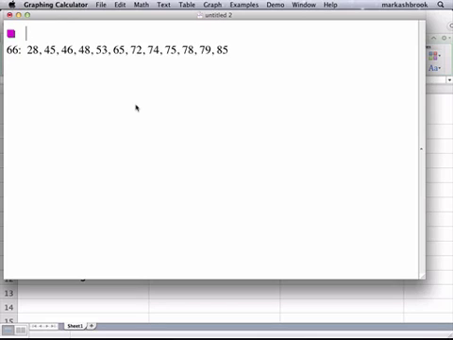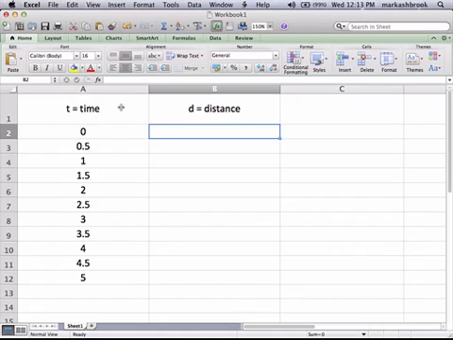Okay, 74 is a good one. In 74, I got it all ready. I was hoping you'd ask for that one. How did I do on defining these variables? T equals time, D equals distance. Time in what?